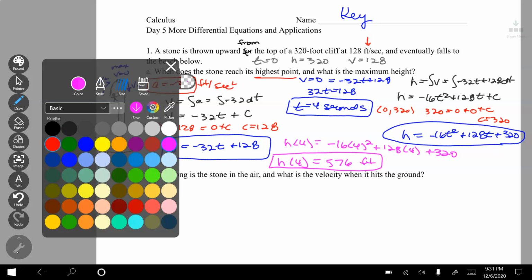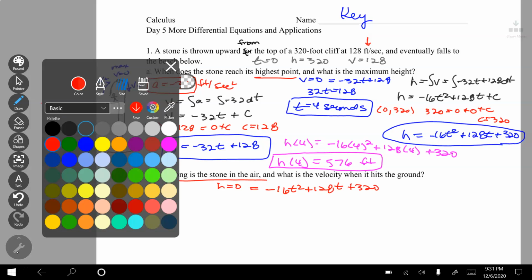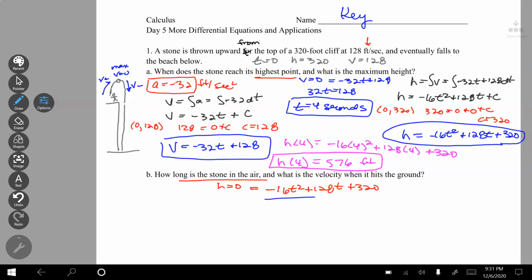So I want to know how long it's going to be in the air when it hits the ground. That's h equals 0. I take my height equation, negative 16t squared plus 128t plus 320. I don't want to work with those big giant numbers, and I realize I could divide by negative 16. So 0 equals t squared minus 8t minus 20.